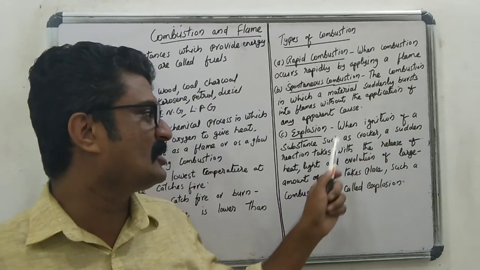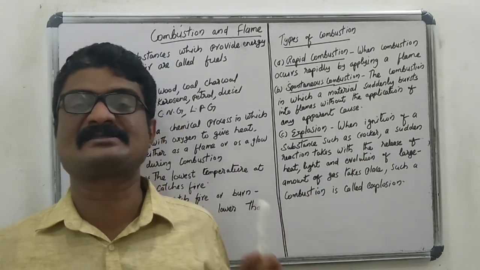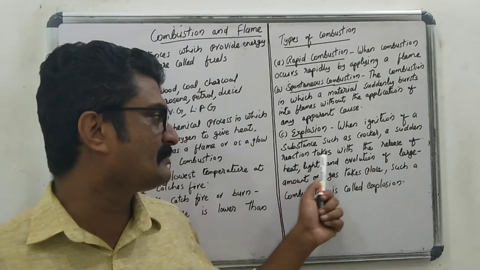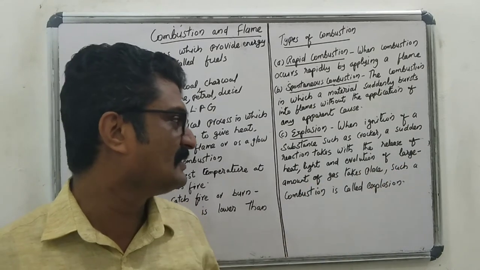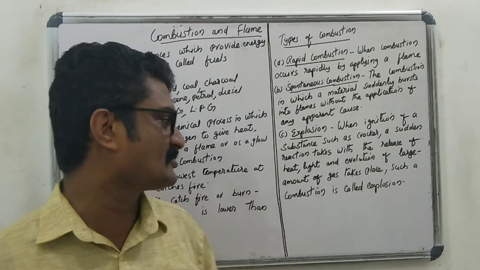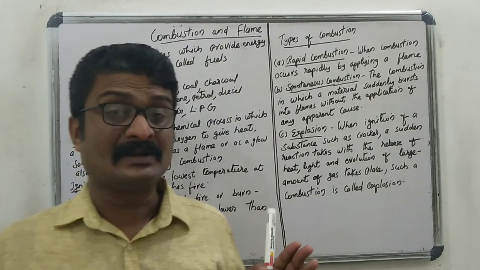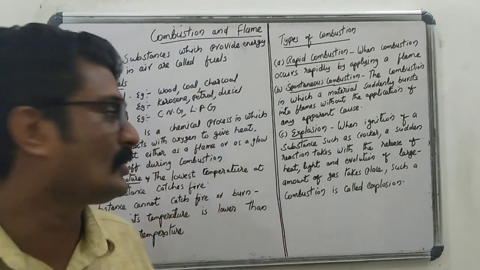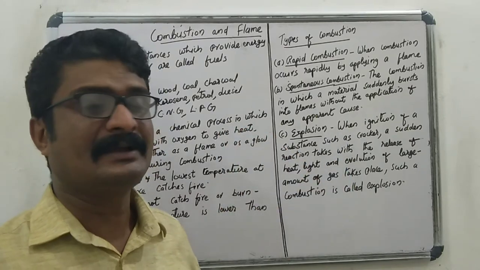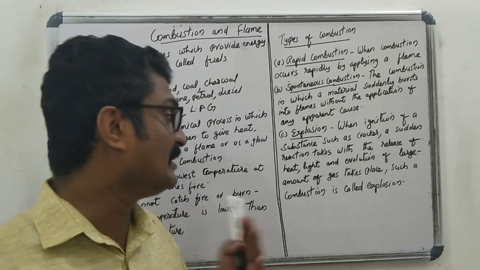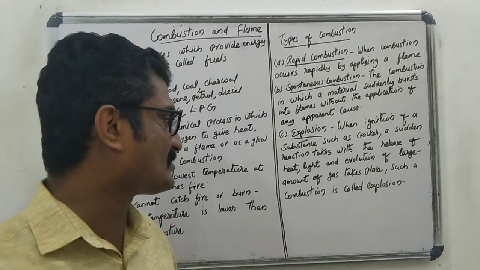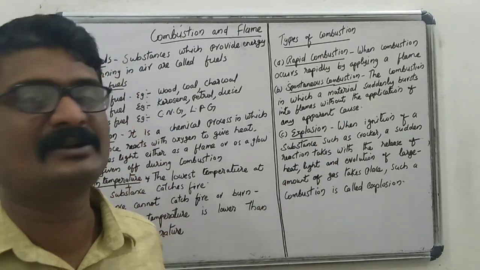When ignition of a substance such as a cracker occurs, a sudden reaction takes place with the release of heat, light and evolution of a large amount of gas. Such a combustion is called explosion.